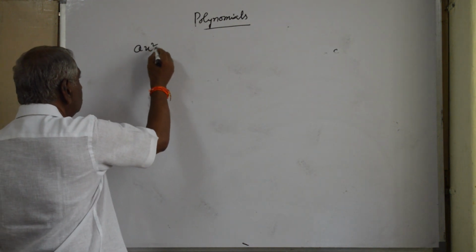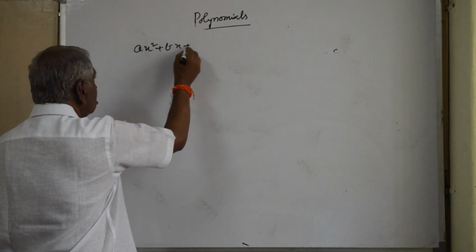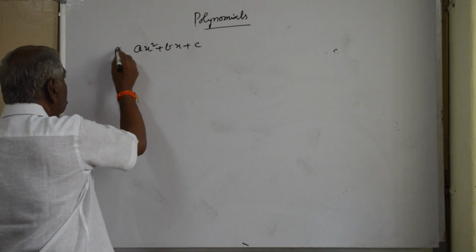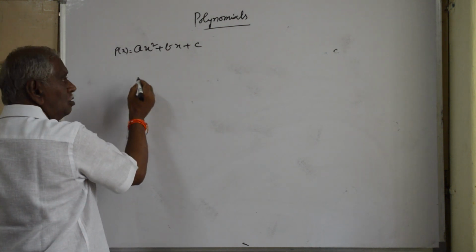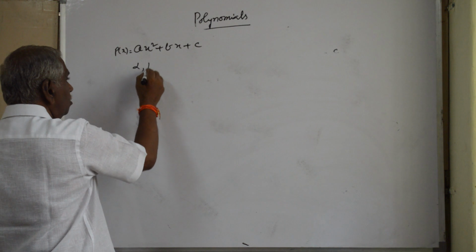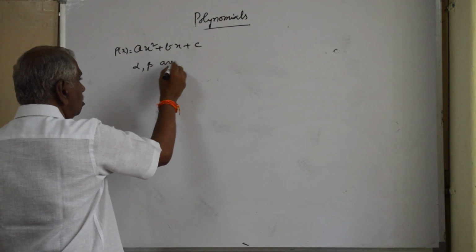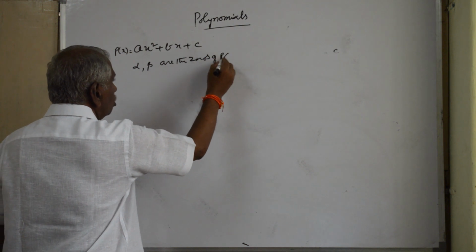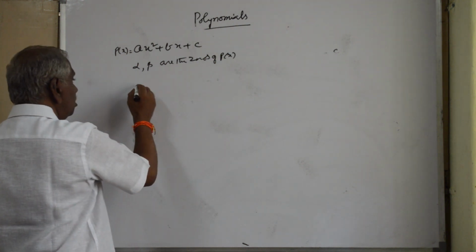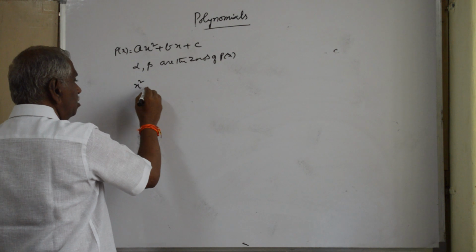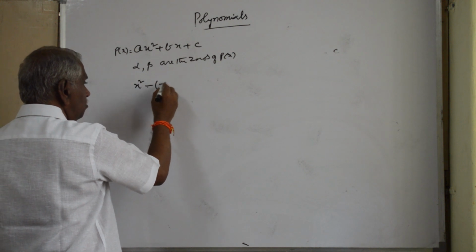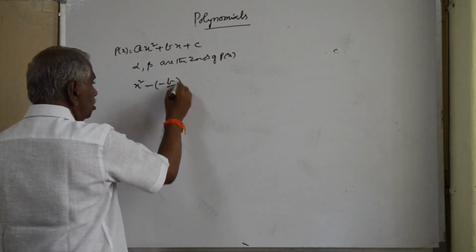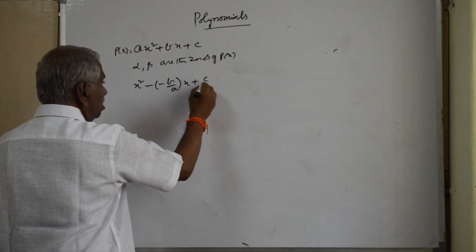ax square plus bx plus c is a quadratic polynomial in x. Alpha, beta are the zeros of the polynomial. We can write this as x square minus b by a into x plus c by a.